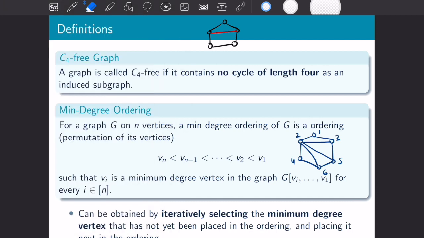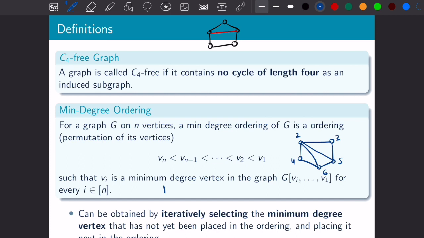There are many possible minimum degree vertices here. Currently we have two of them, 1 and 4, and they have degree 2. So we remove one of those vertices from the graph. Let's say we remove 1. We remove 1 and its corresponding edges from the graph, and we add 1 to the list.